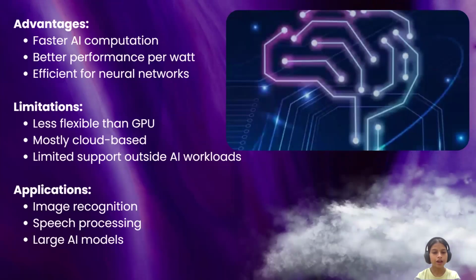Its advantages are faster AI computation, better performance per watt, and efficient neural network processing, and its limitations are that it is less flexible than the GPU, mostly cloud-based, and has limited support outside AI work. Talking about its applications, it is used in image recognition, speech processing, and large AI models.